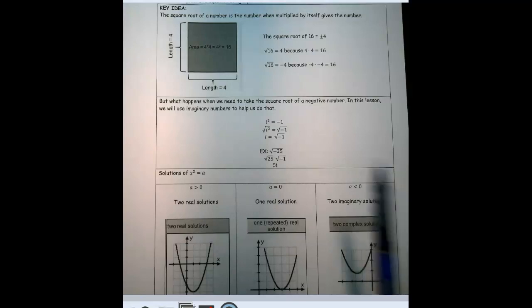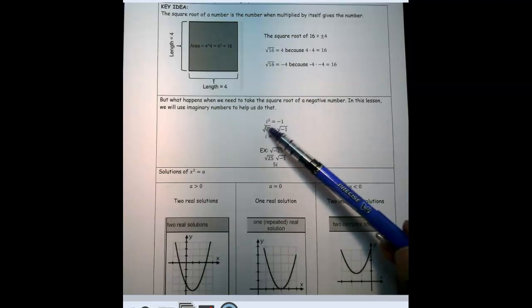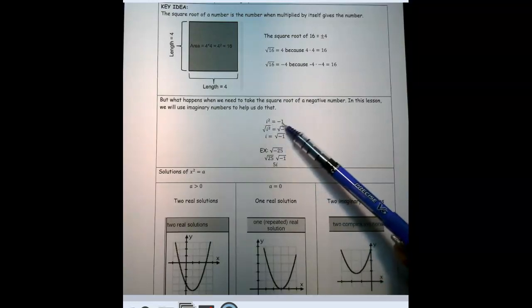Now, what happens when we have to take the square root of a negative number? Now, this is going to be new to you. We didn't do this in Algebra 1, but what we're going to use to help us with this is imaginary numbers. Now, we are going to talk about imaginary numbers at some point in this year, but what you need for now is to know that when we take i squared, it is equal to negative 1.